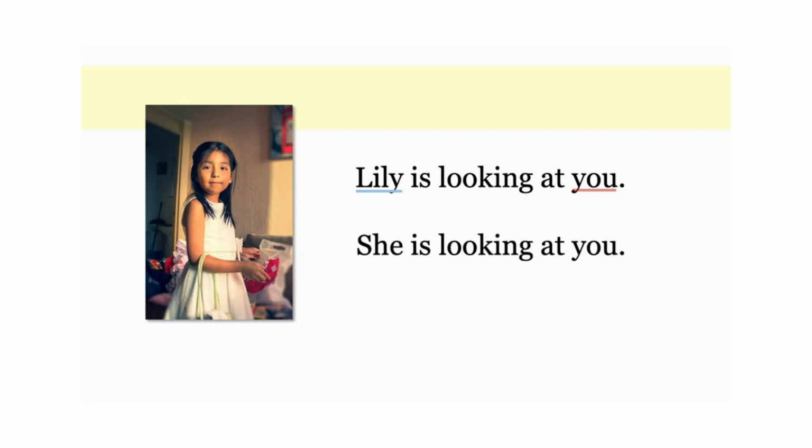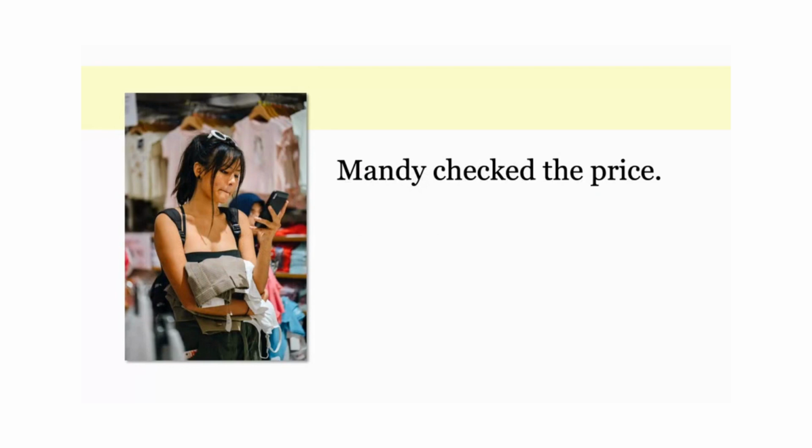So she is looking at you. Mandy checked the price. Here, Mandy is the subject, and price is the object. If we replace these with pronouns, she checked it. She is Mandy, and it is the price.